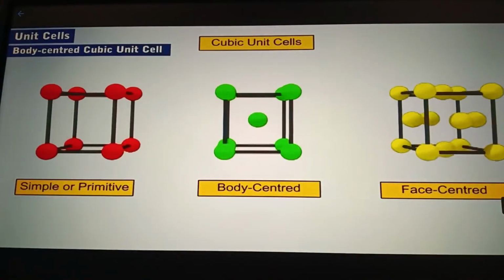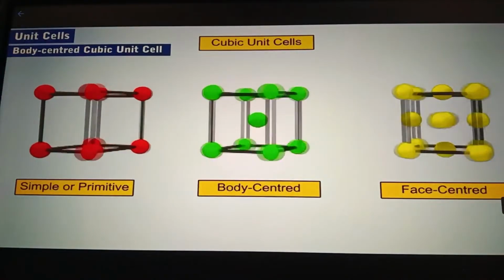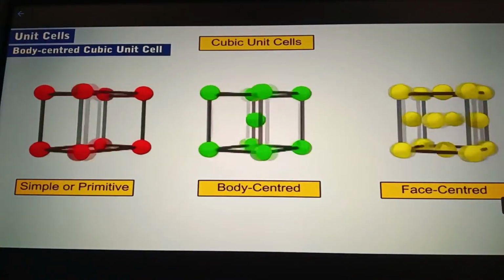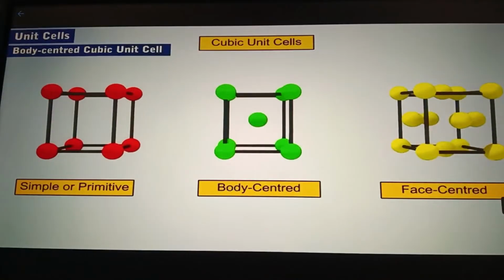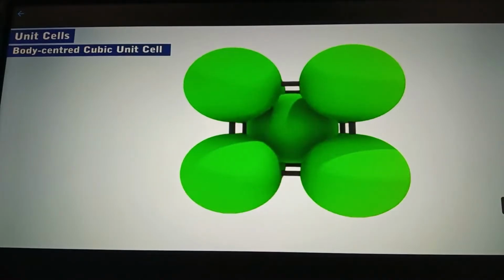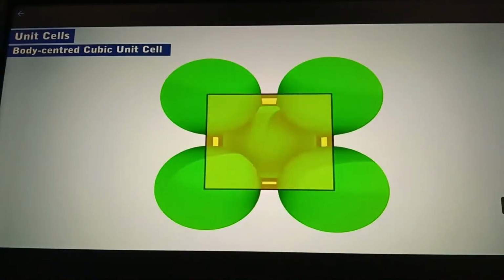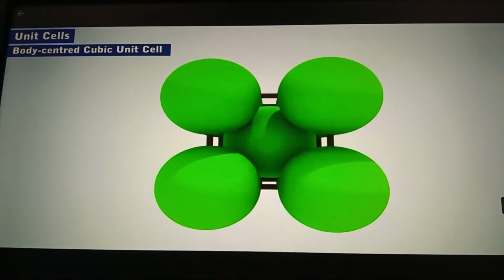A body-centered unit cell contains 8 corner atoms, just like in a simple cubic unit cell. However, there is one more atom at its body center. As a result, the atoms at the corner no longer touch along the edges of the cell in the space-filling model.